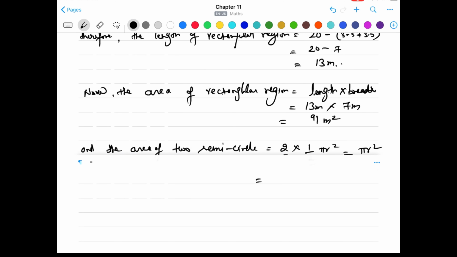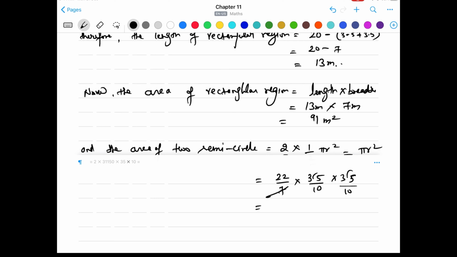We have pi as 22 by 7. R square means 3.5 into 3.5. Removing the decimal, we get 35 by 10 and 35 by 10. Now we're going to solve this.